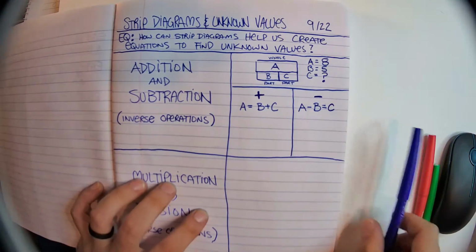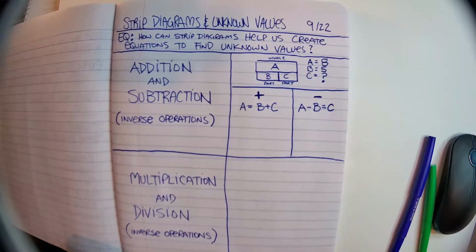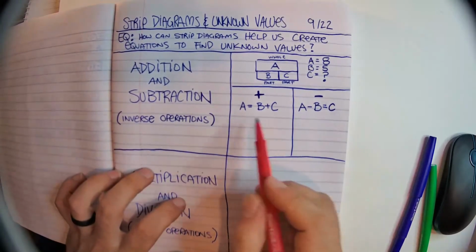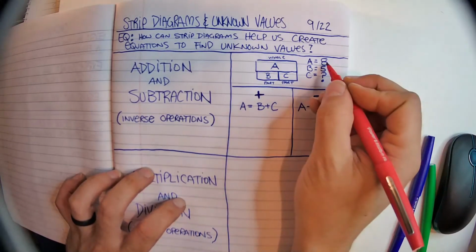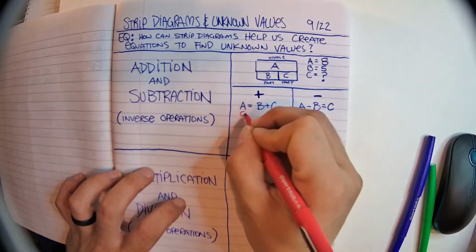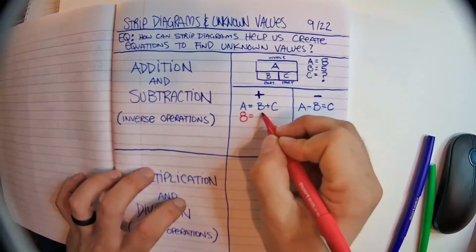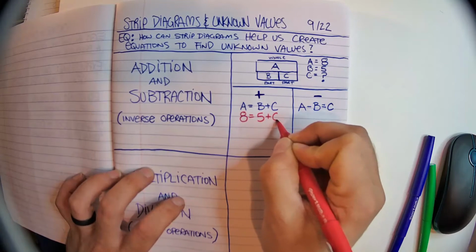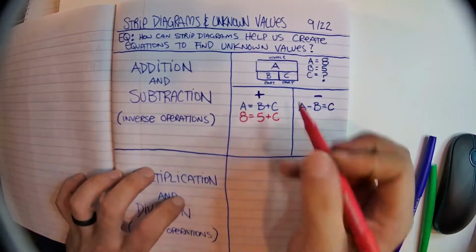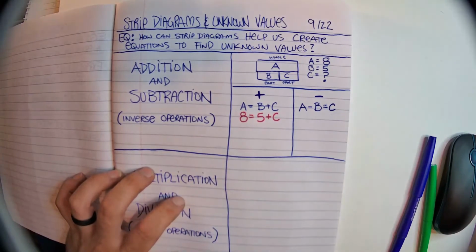So what we can do is plug in the numbers that we do know into our generic equation. So 8 is what A is, B is 5, and then we are adding C to 5. So C is our unknown value. 5 plus something equals 8.